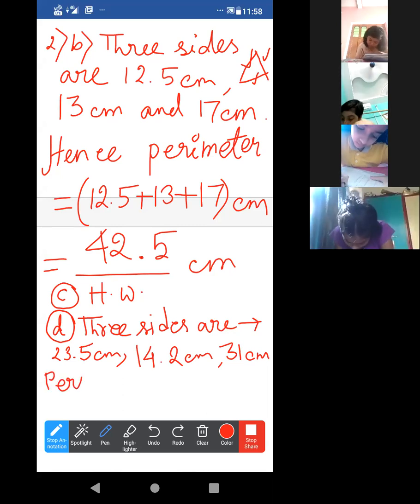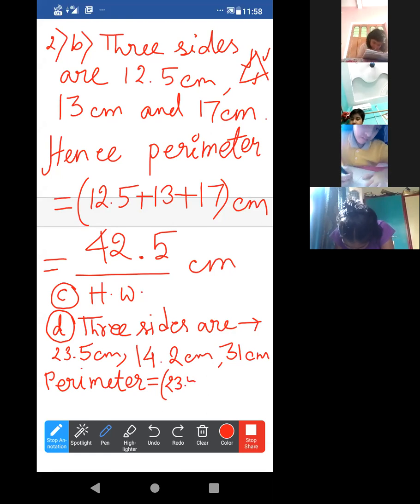Do it yourself. Do this one. This much centimeter, okay?